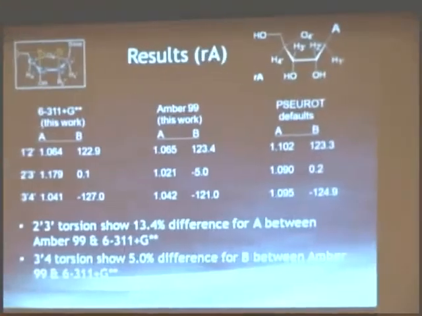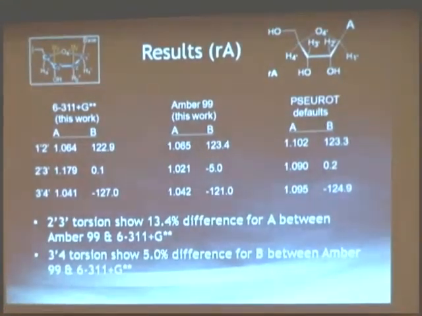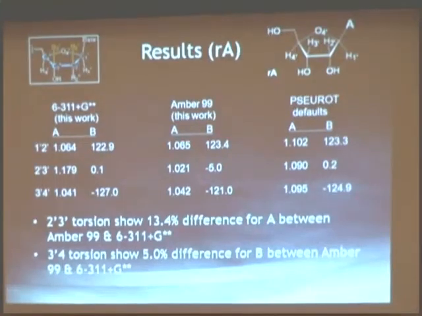So for our results, I'm not going to show you all of them, but this is one of the examples for ribose, in which we got all the A and B parameters that we need for each torsion. This has some of the most extreme differences, in which we had a 13.4 difference between the A and B that we found using ab initio and the Amber 99 calculations for the 2' to 3' torsion.